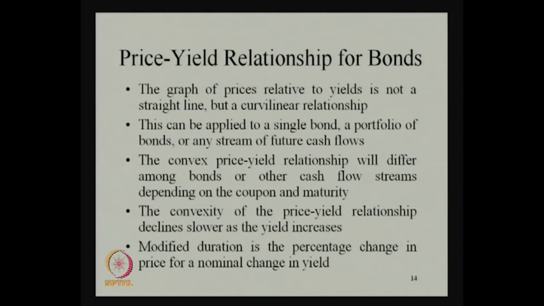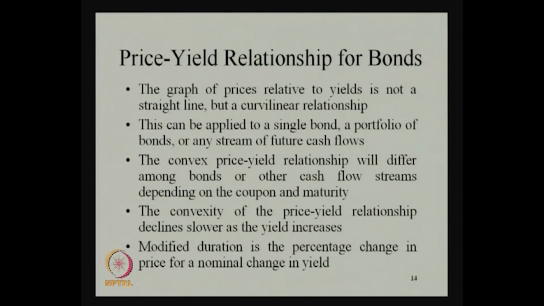The convex price-yield relationship will differ among bonds and other cash flow streams depending on the coupon and maturity. The convexity of the price-yield relationship declines as the yield increases. If your yield, the interest rate, increases, the convexity declines.